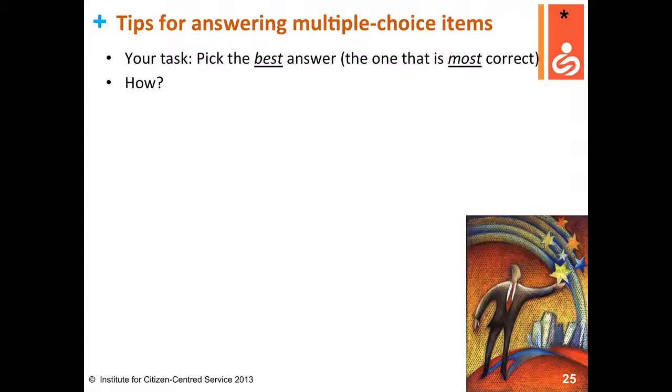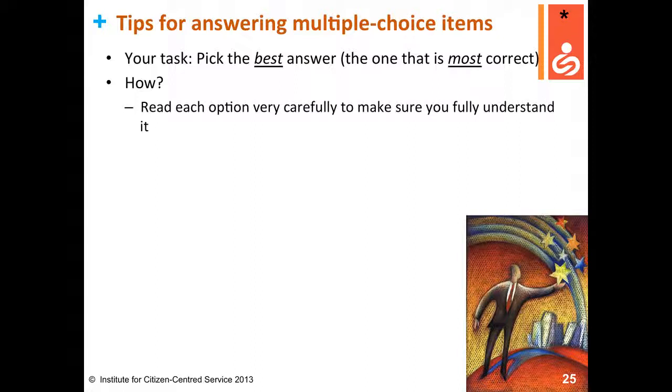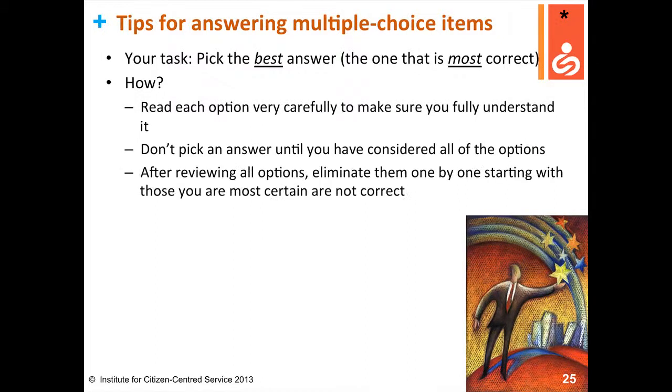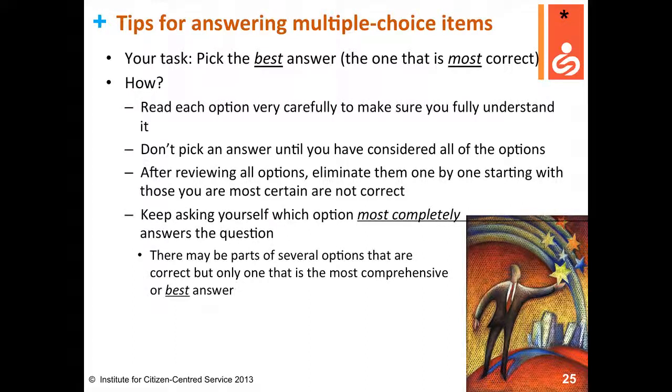What's the rationale for picking, the reason for picking each option? And look very carefully at all of the words in the question and all of the words that are underlined. Because those underlined words are a tip telling you which words are most important, and that will help you figure out what is the best answer.